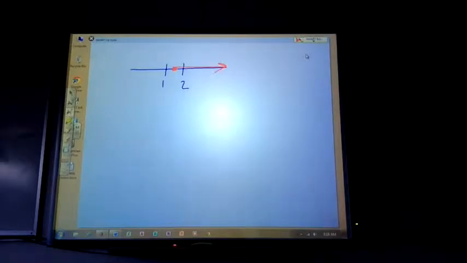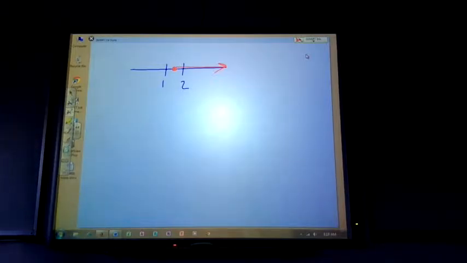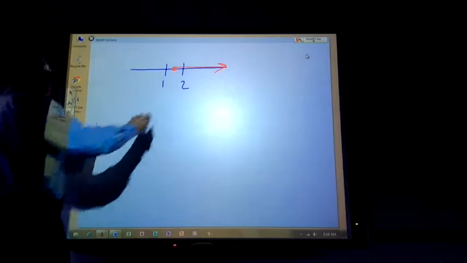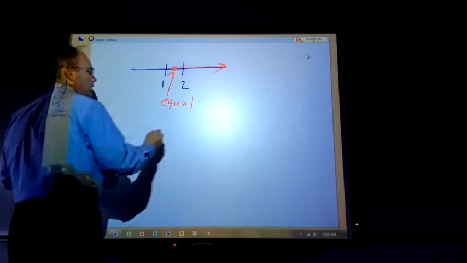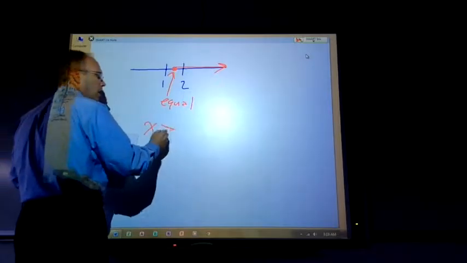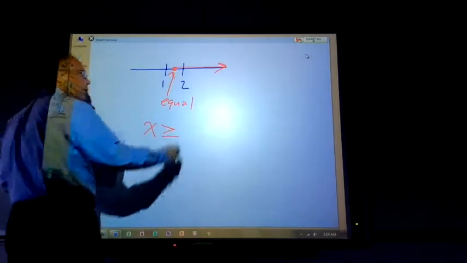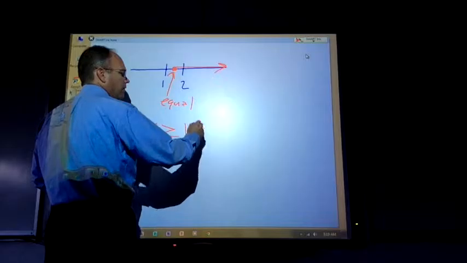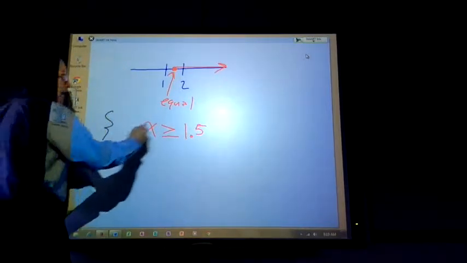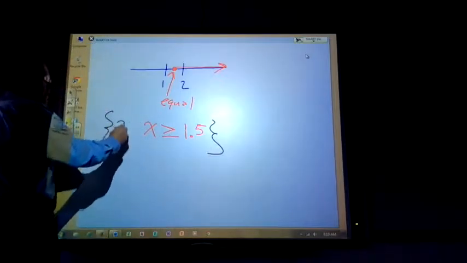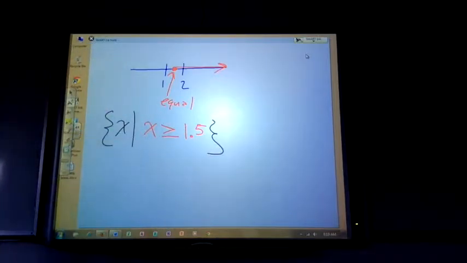And do you think we're talking about numbers that are larger than 1.5 or smaller than 1.5? Larger and equal to. So this is going to also be equal to it because it's solid. So I'm going to take x. I'm going to go x is greater than or equal to 1.5. To make it in set builder notation, fancy bracket, x such that. That's it.